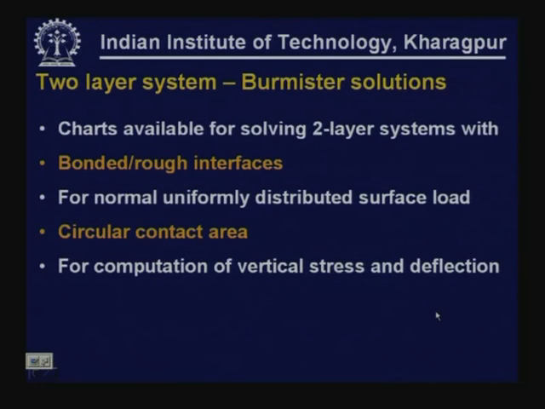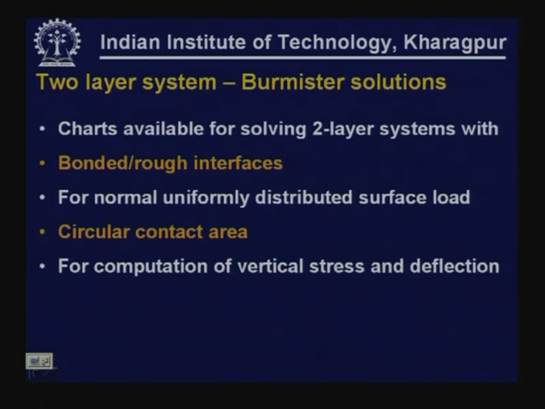For this also, Burmister has given solutions for solving two layer systems on the basis of linear elastic layer theory. A number of charts are available for solving two layer systems with rough interfaces, for normal uniformly distributed surface load, which is the most common assumption that we make about surface loading, and for a circular contact area.